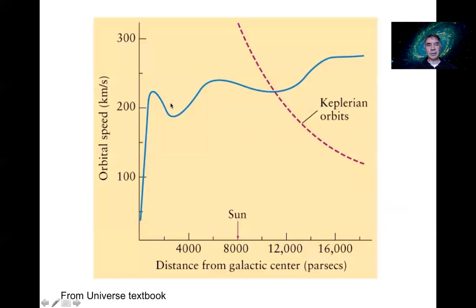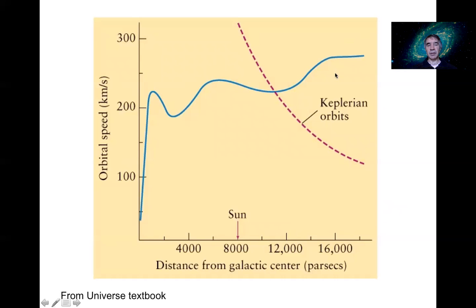Here is what we would call a rotation curve for the galaxy. This is the orbital speed, the speed at which objects are orbiting around the center of the galaxy, from reasonably close in, the inner edge of the disk, all the way out to the outer edge at around 20 kiloparsecs. Ignoring the bumps and wiggles, which are just details, it's basically flat.